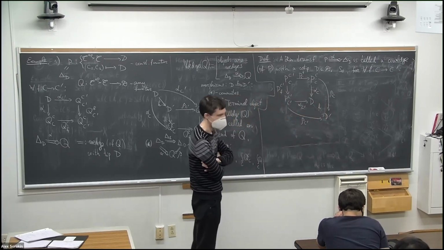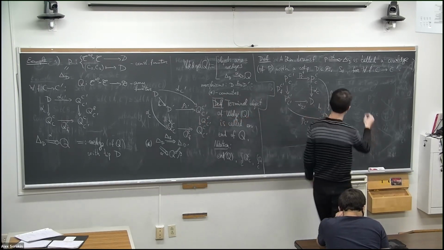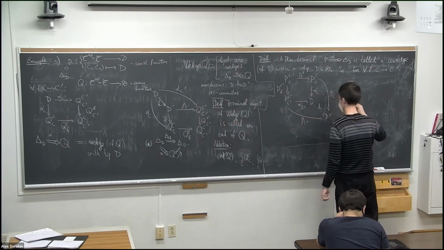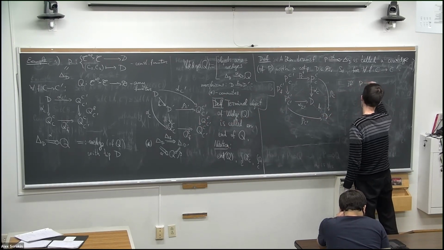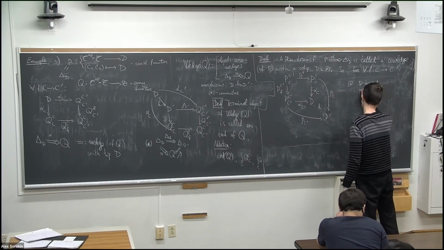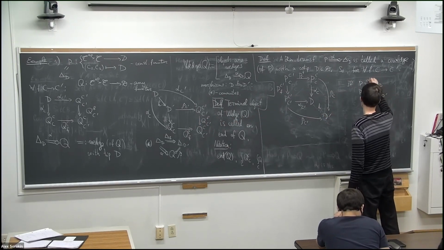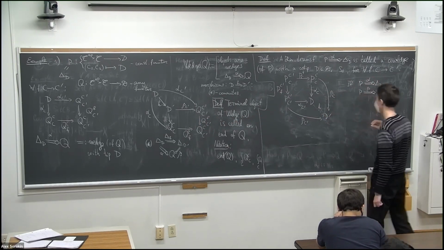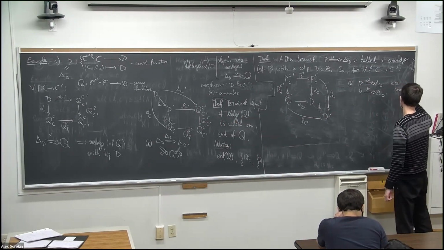And we have a comparison. Natural delta, delta D prime. And delta here is beta. Wedges.